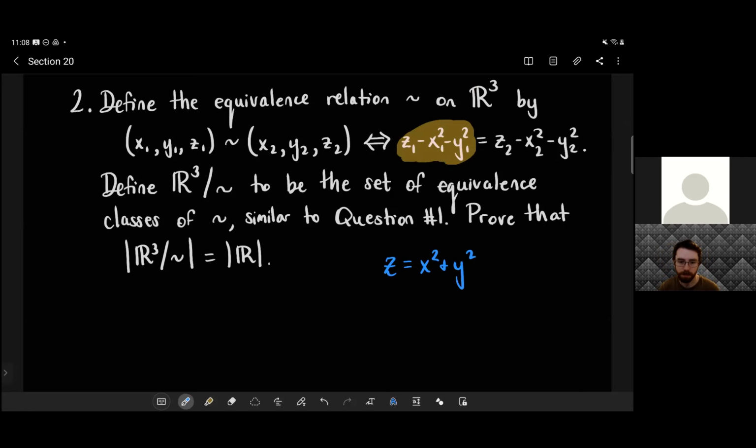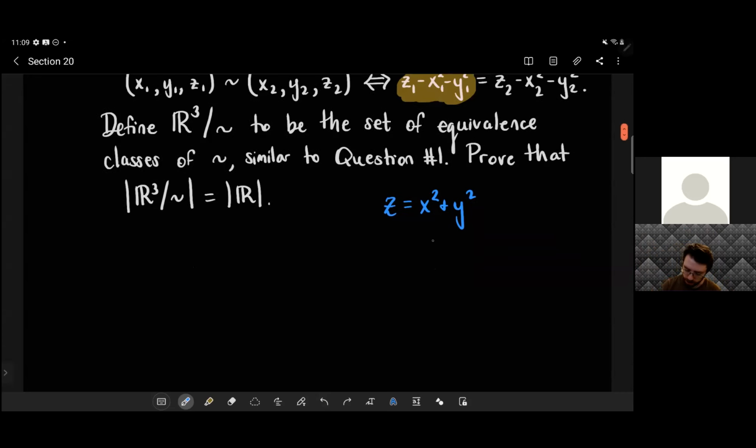So z equals x squared plus y squared. Well, this is sort of a paraboloid, a circular paraboloid. There's no stretching on either the x or y axes, and it's a nice paraboloidal bowl shape. So you could draw that if you wanted to.